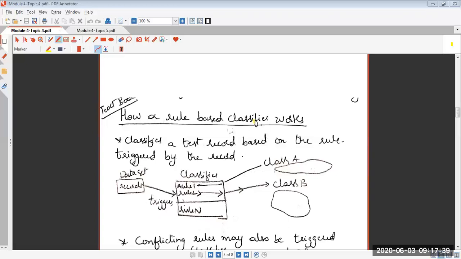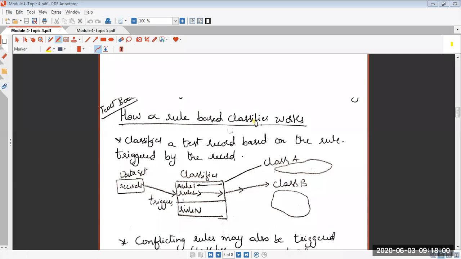So we are in module 4 and we understood what is the objective of module 4. The objective in module 4 is, you have records in the database. You may get new records added to the database on a regular basis. Our fundamental objective here is we need to classify those records.